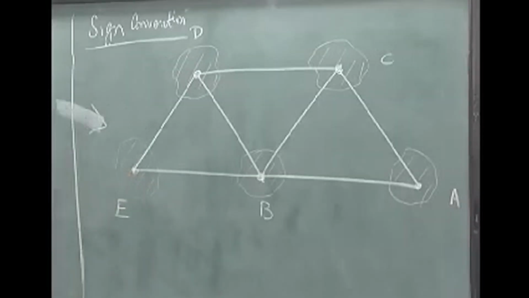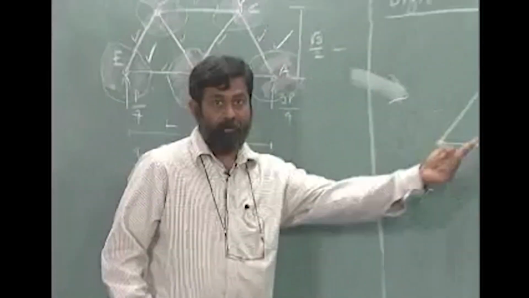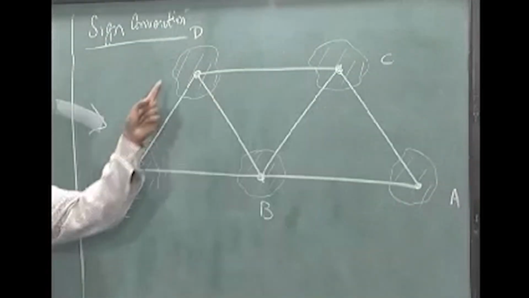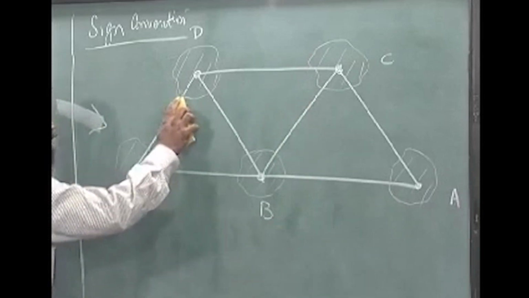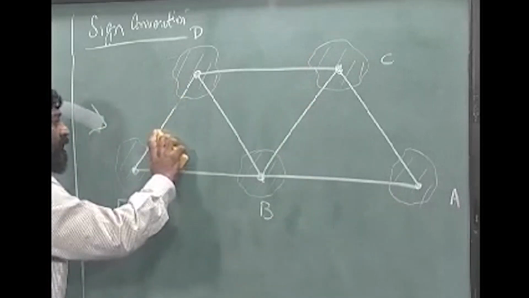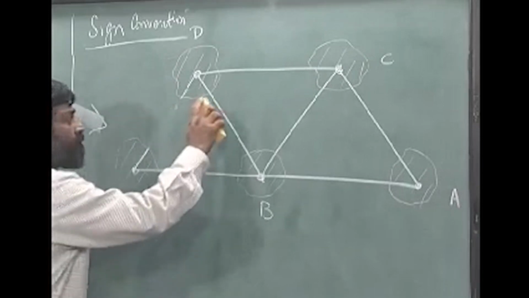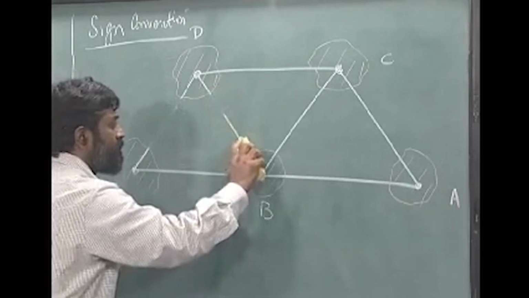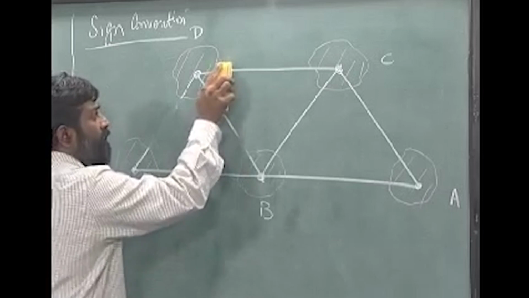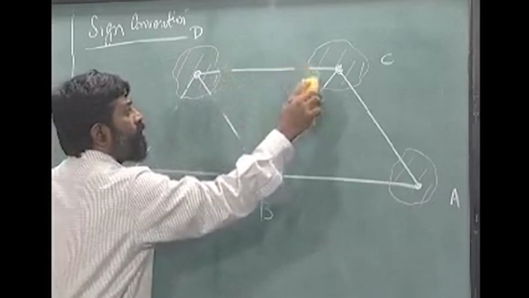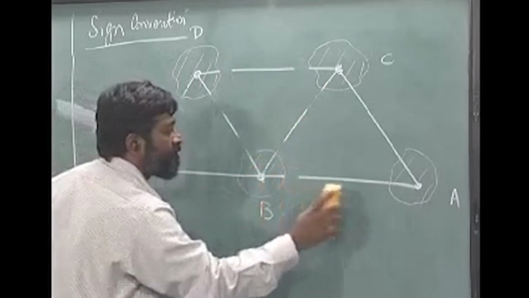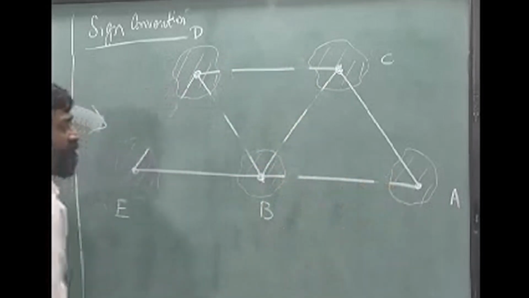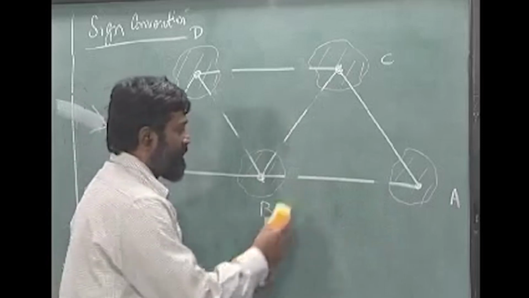We started with this problem, I have just redrawn it in a bigger way here. These are the free bodies that I have taken. Just for an understanding, let me just indicate the forces over here. Assume we have cut like this, okay.